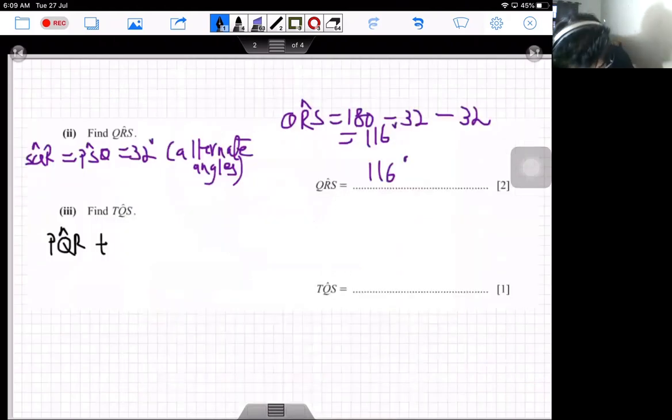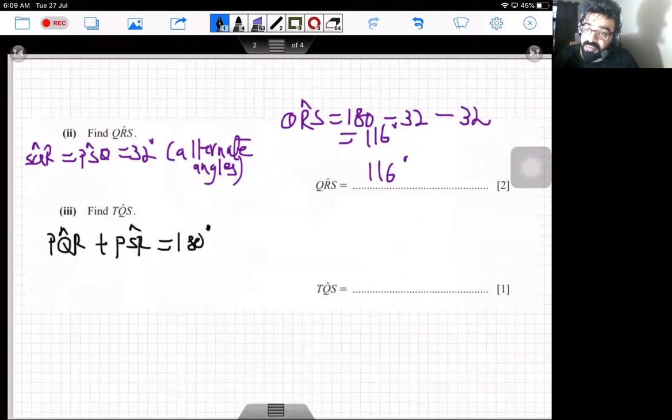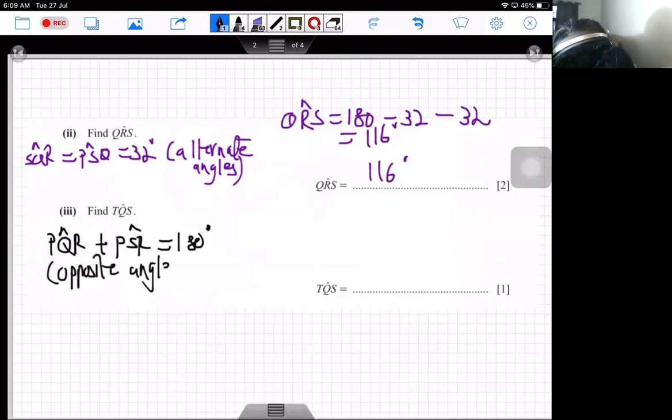We can say that angle PQR plus angle PSR is equal to 180 degrees, because opposite angles of a cyclic quadrilateral are supplementary.